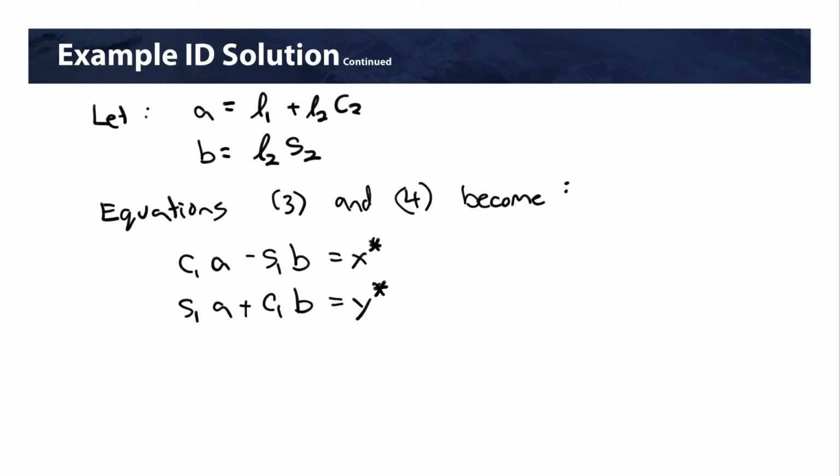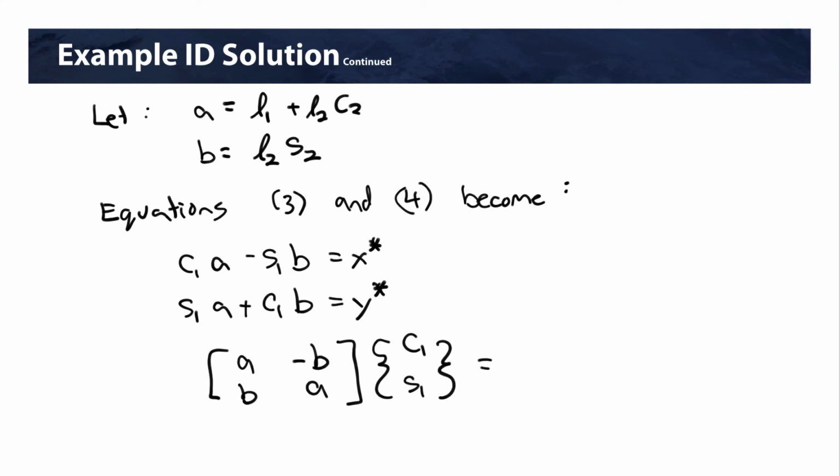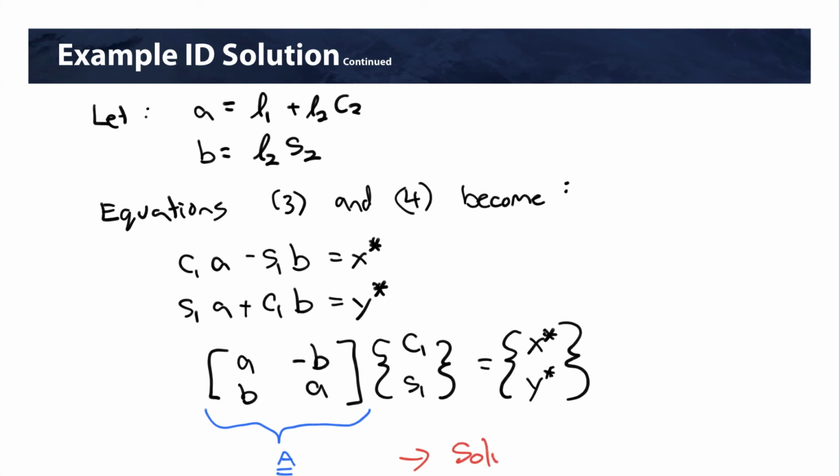We can put these in matrix form: the matrix with rows A, minus B and B, A, times C1, S1 equals x star, y star. This is going to be matrix A. And now we just solve this.